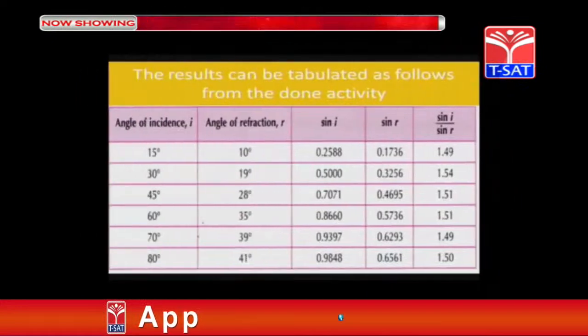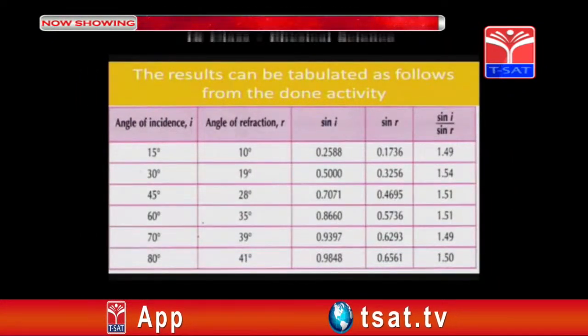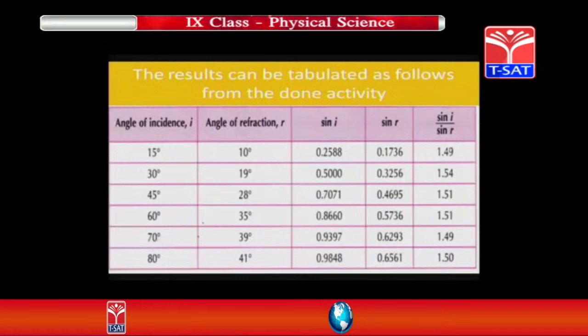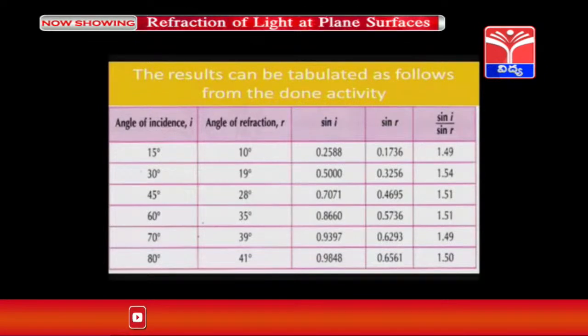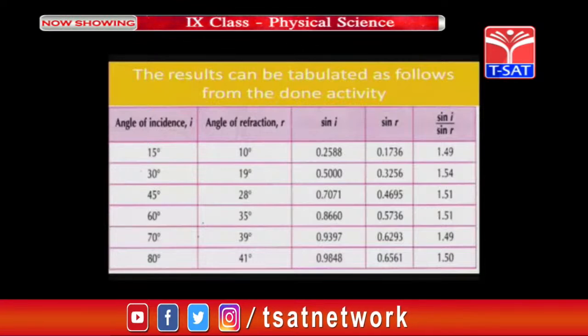From the activities we have done, the angle of refraction measured for each angle of incidence can be tabulated as we see here. Angle of incidence i, if it is 15 degrees, it is observed in the experiment that angle of refraction r is 10 degrees, and when sin i and sin r are calculated, they are observed to be as displayed in the table.